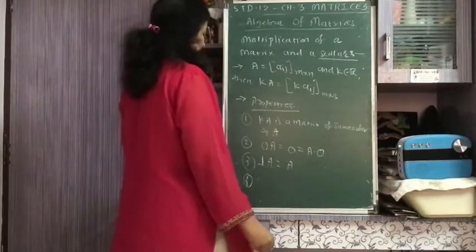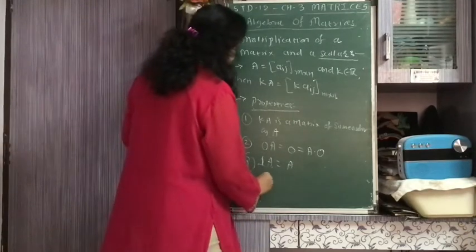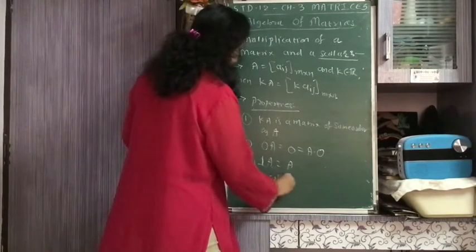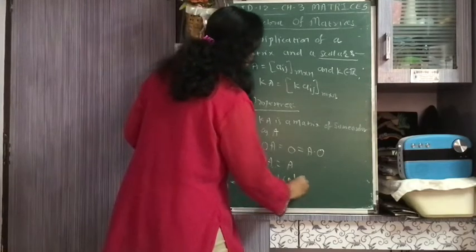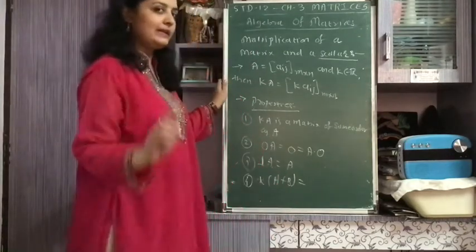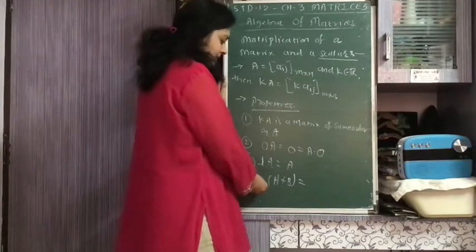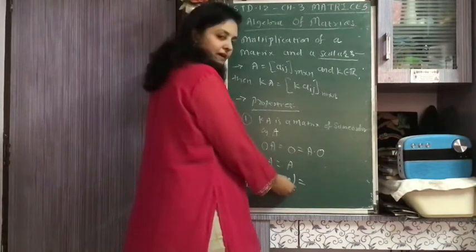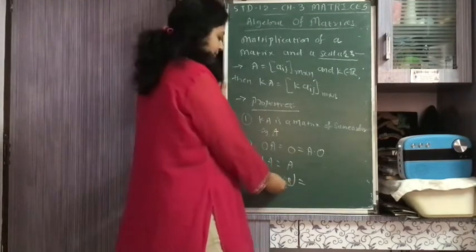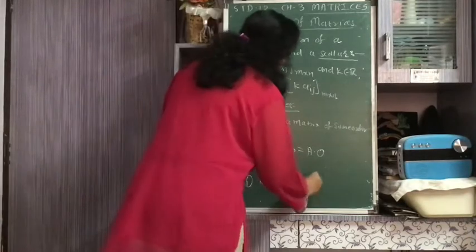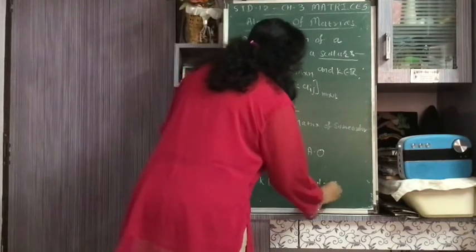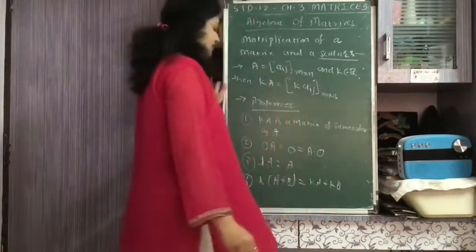Now the fourth property, students: if k is a scalar and A and B are matrices of the same order, so that A plus B will be possible, then k(A plus B) will be the same as kA plus kB. What is the meaning of this property?